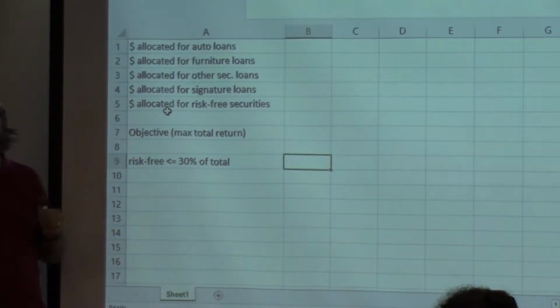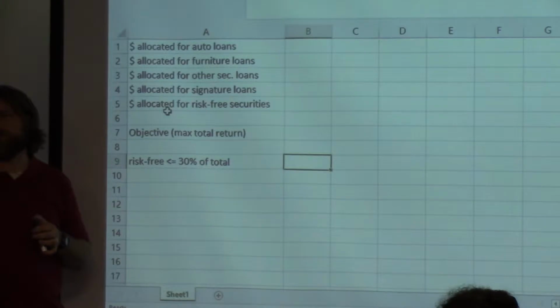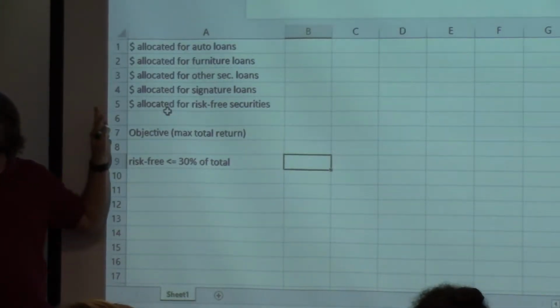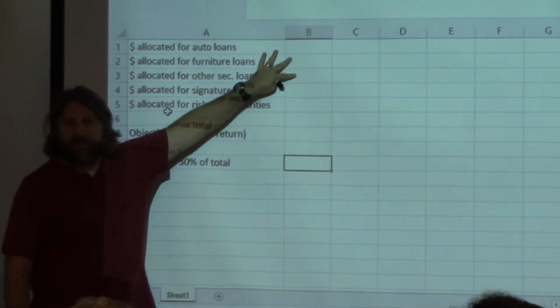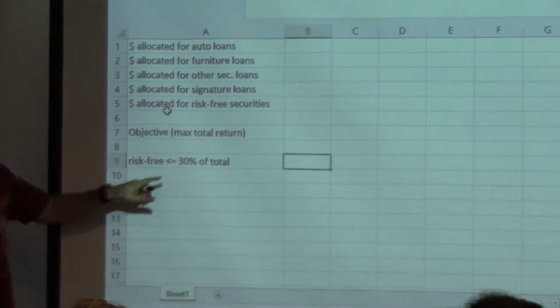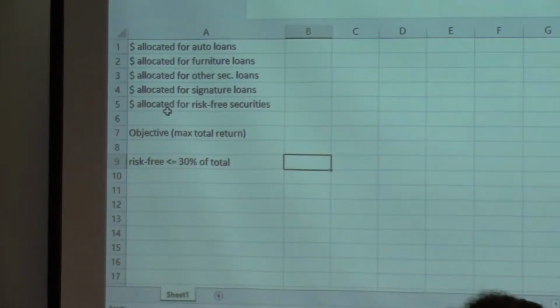How do we know what the total number of loans is going to be, given the variables that we have in front of us here? Yeah, so it's just going to be the sum of these, right? And so if I were to use single letter variables, I might do A plus F plus S plus G for signature plus R, or security, so I don't know, risk-free or whatever.